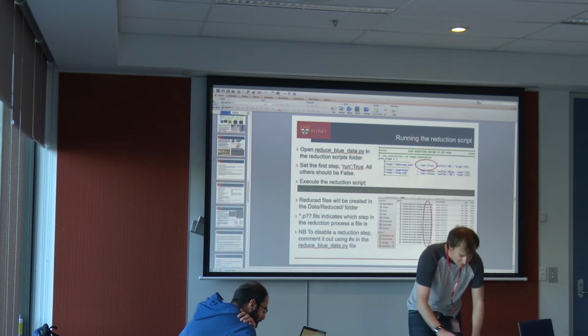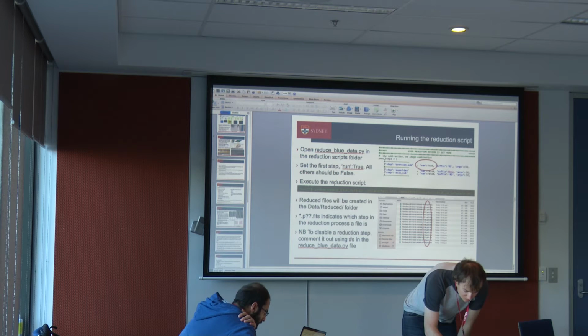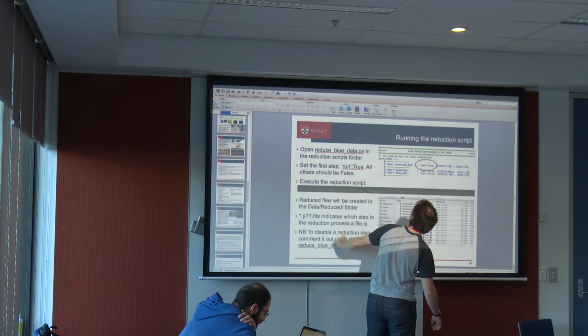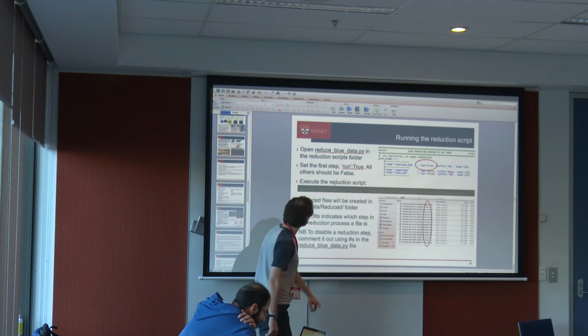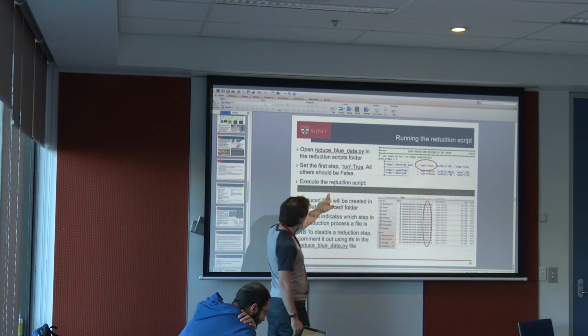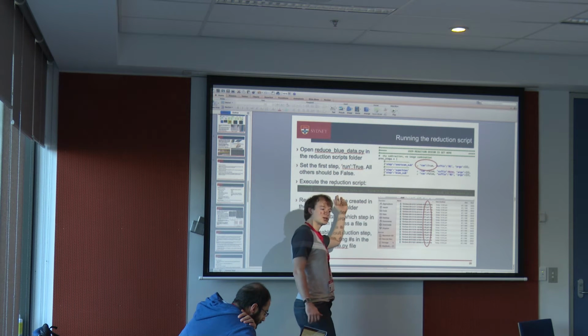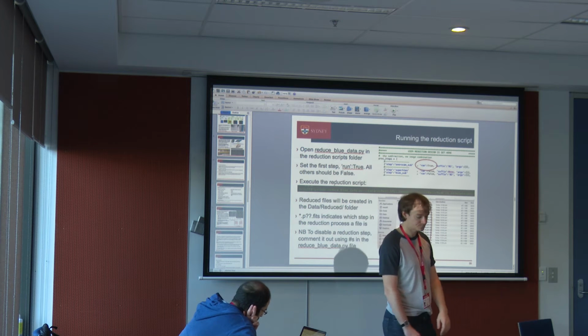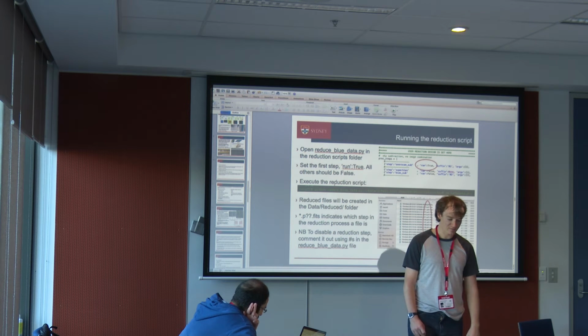So the way we execute the reduction script is we go back to our terminal and we type this command here. Can people read this? Perhaps not. So this says Python. When you execute this, you want to be in the reduction scripts folder, so cd to wherever that is on the terminal.